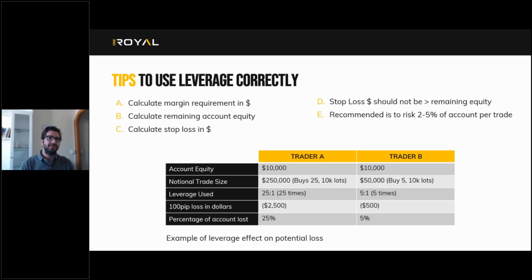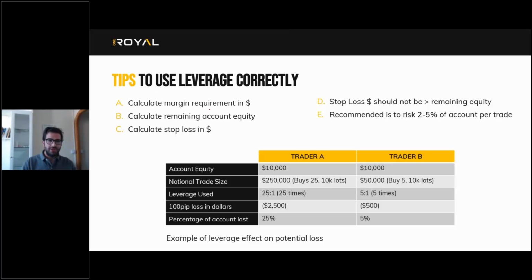First, calculate the margin requirement in dollars, calculate the remaining account equity, and calculate your stop loss not in pips, but in dollars. The stop loss in dollars should not be higher than the remaining equity. I will explain this. And finally, we recommend you not risk more than 5% on each trade.